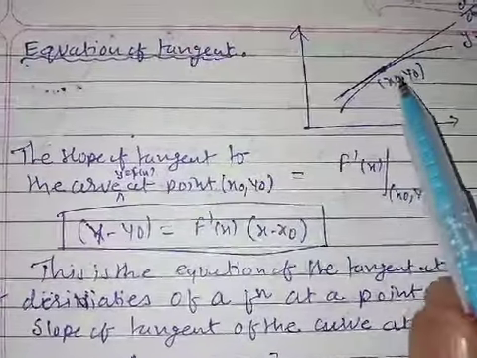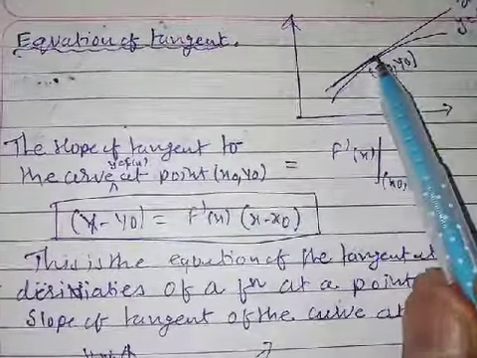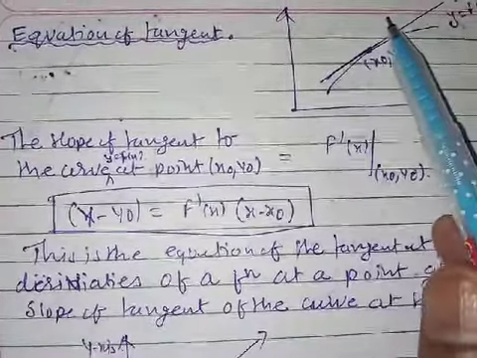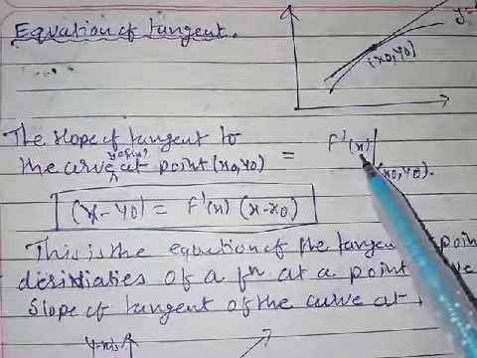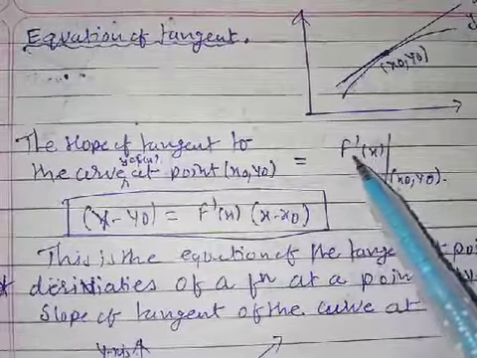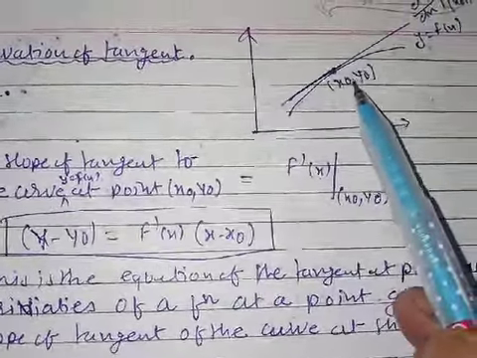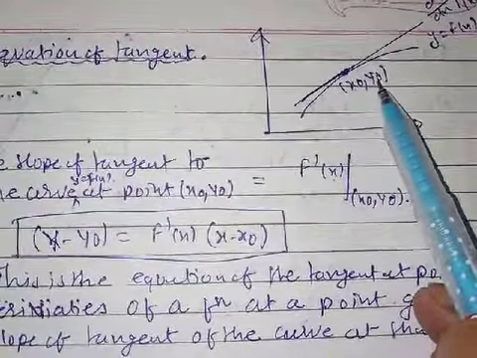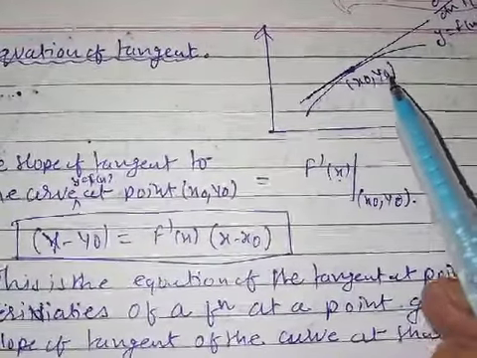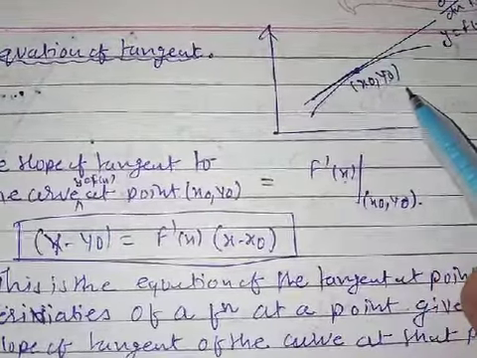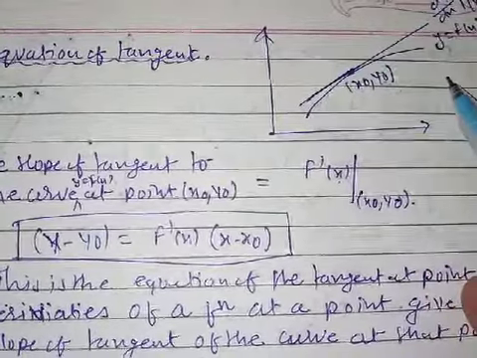What is the slope? Tan theta means derivative. So for any curve or equation given, f dash of x at the point x0, y0 will be equal to the slope. Suppose the equation is x square plus y square. If you take the derivative, it will be 2x plus 2y.